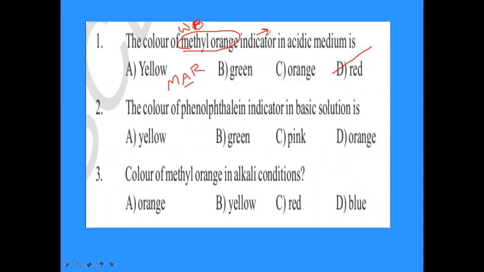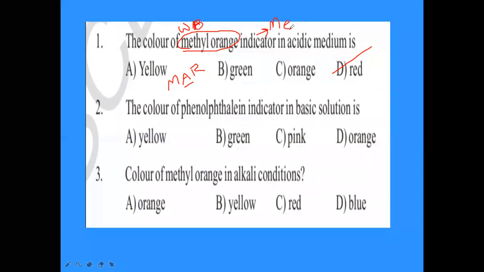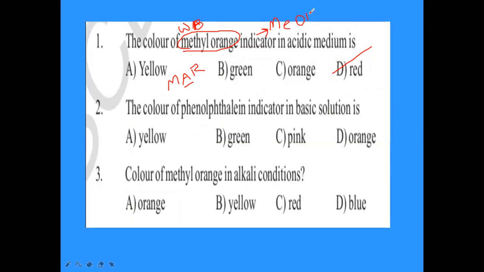The methyl orange is indicated by MeOH. Here OH minus will be produced. Whenever OH minus is produced, it is a base.